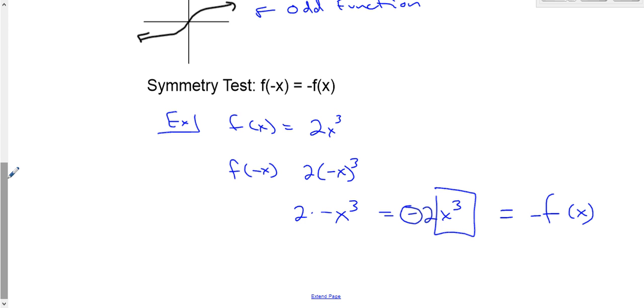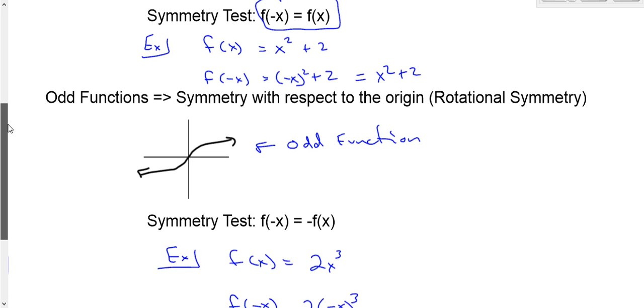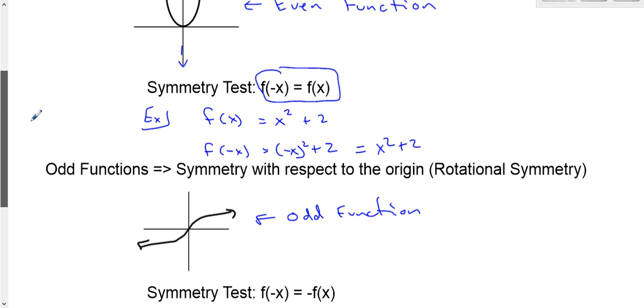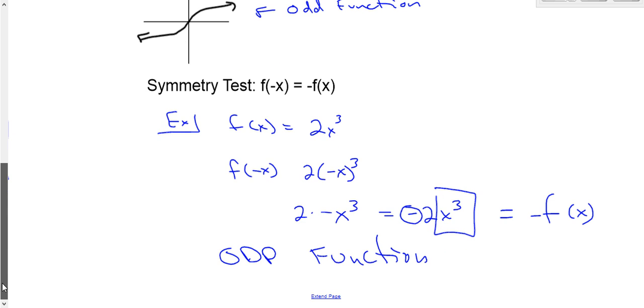This is an odd function because it is symmetrical with respect to the origin. So odd function. Whereas the other one, because it was symmetrical with respect to the y-axis, this is an even function. Okay? And I believe that's it for anything new for section 3.4.